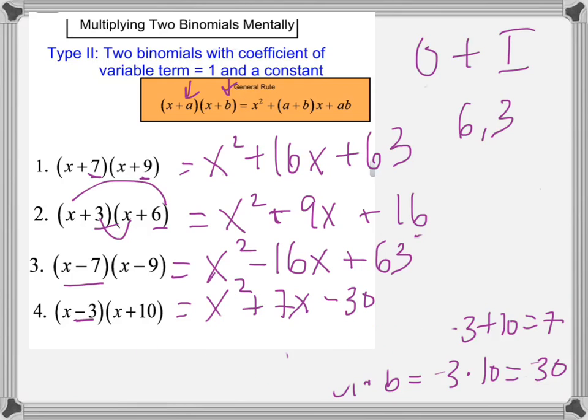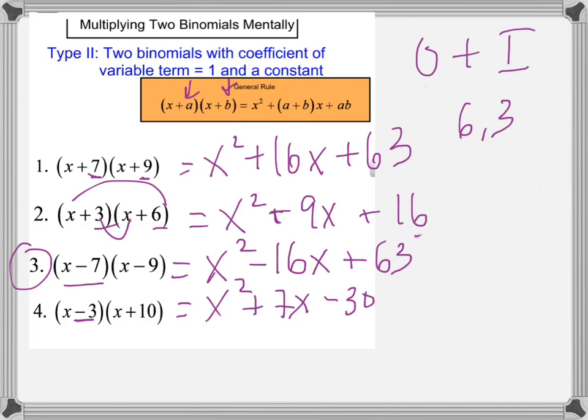Okay, now I want you to take a second and notice a pattern here. In number 3, we had a negative 7 and a negative 9. And notice that the coefficient in the middle term was negative, because a negative plus a negative is another negative. And the sign of the last term is positive, because a negative times a negative is a positive.